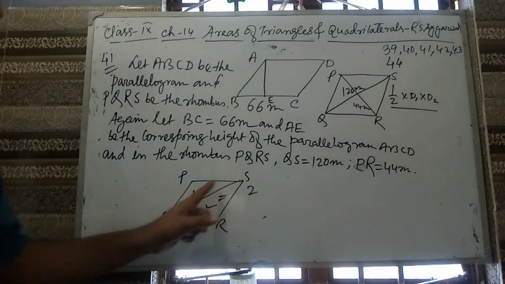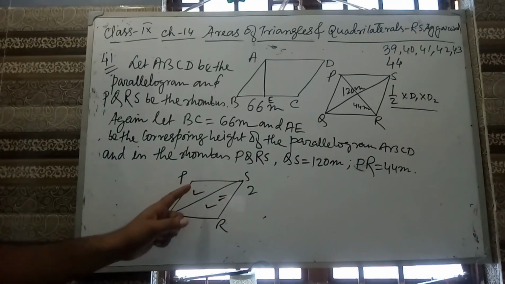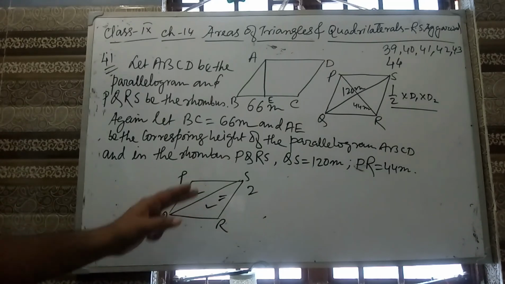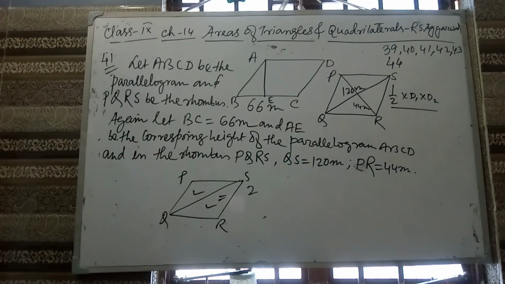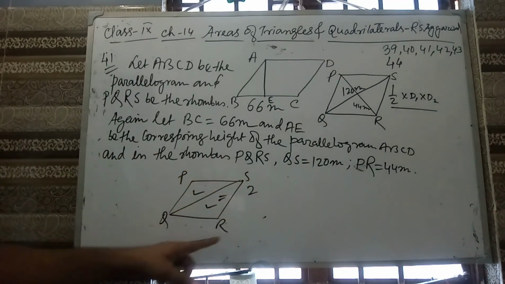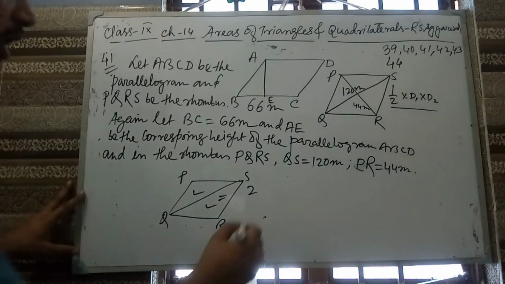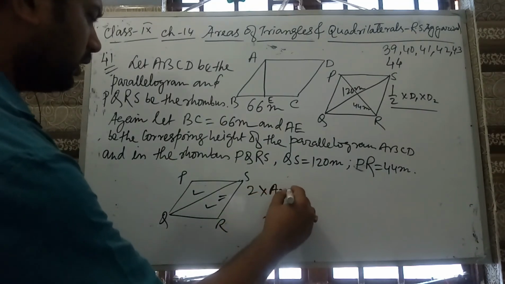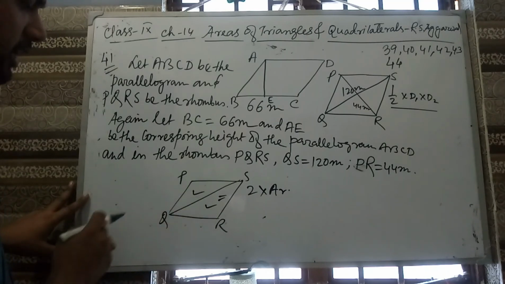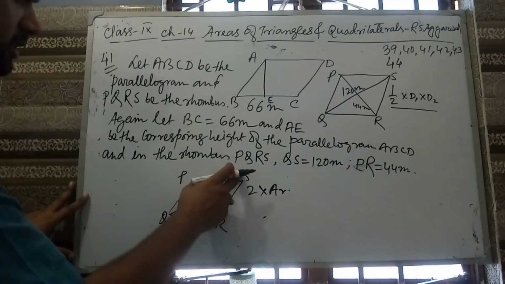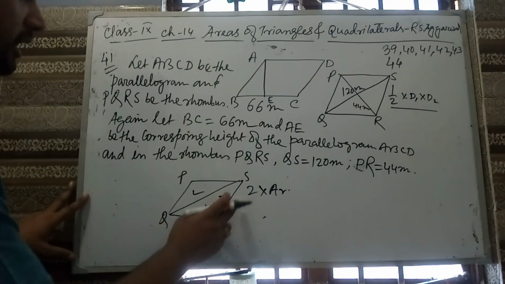Both triangles are equal in area, so the area of the whole parallelogram will be twice the area of either triangle PQS or triangle QRS.